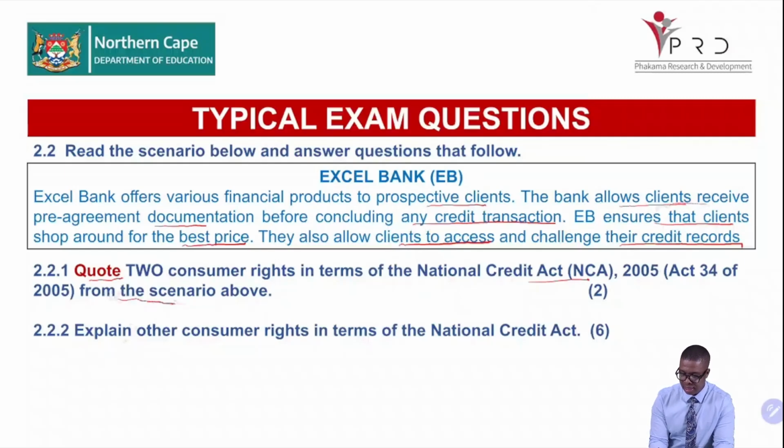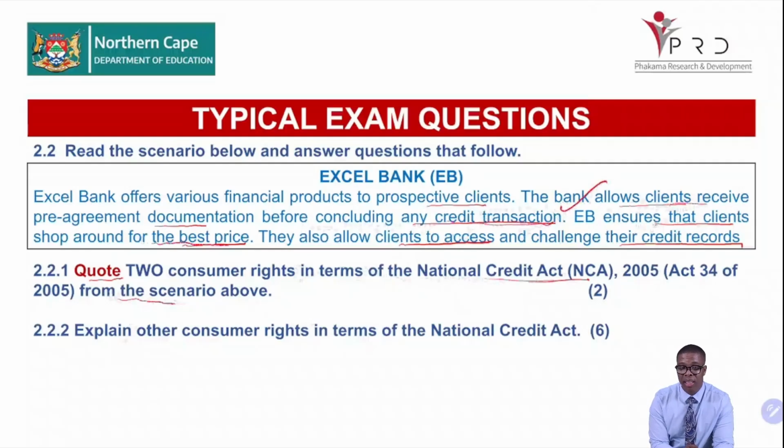Now, the idea that the bank allows clients to receive pre-agreement documentation before concluding any credit transaction, that is one of the consumer rights according to the National Credit Act. So this is correct if you have quoted. EB ensures that their clients shop around for the best price.